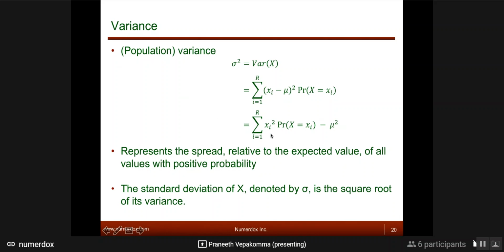So here, Pune, the first case is xi minus mu, good. But in the second case, why xi square? I missed something. Oh, okay. No, they just opened this up. So they just did some algebra, right? So they did xi square plus mu square, and then minus 2 xi mu. And then what they did is they did the xi square times probability of x, and then plus mu square, and then you have the negative 2 xi mu.